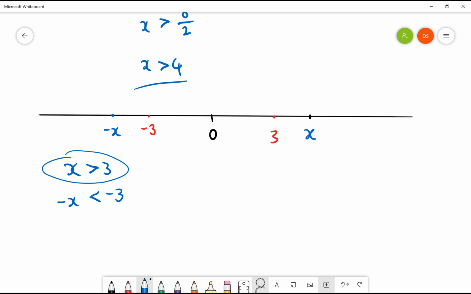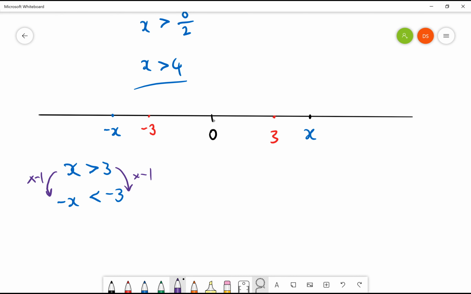How do I swap between this equation and this equation? Well, I just multiplied by negative 1. If I multiply by a negative, or I could have divided by negative 1, I flip this sign. And that's the relationship that's really important.